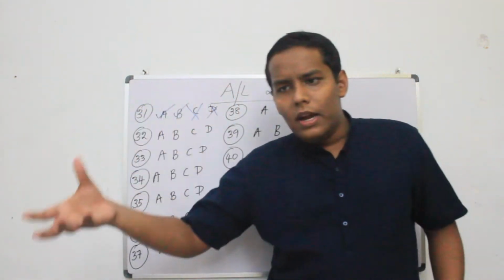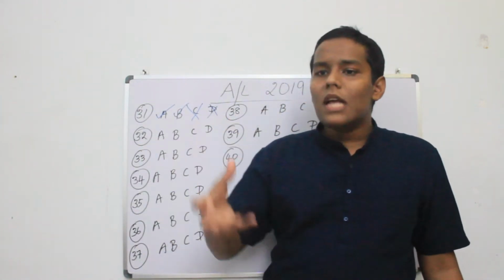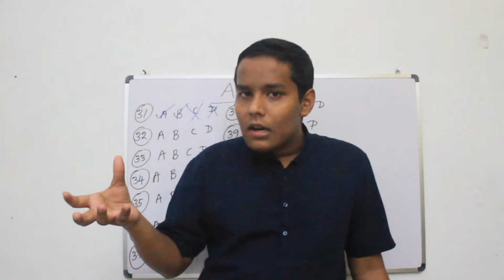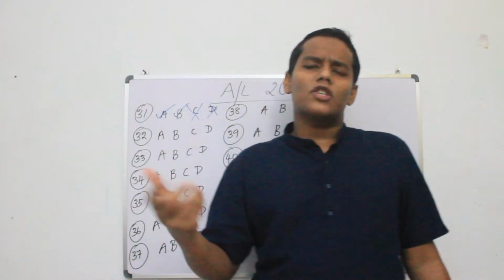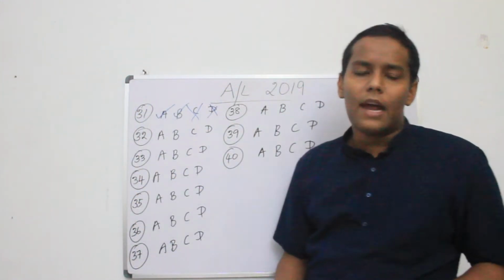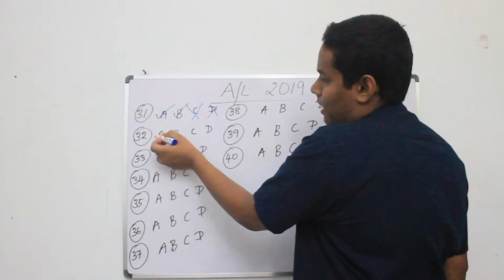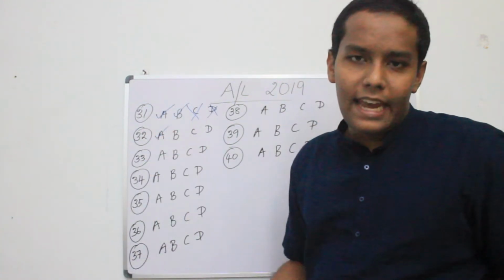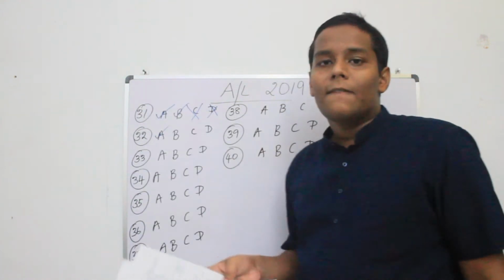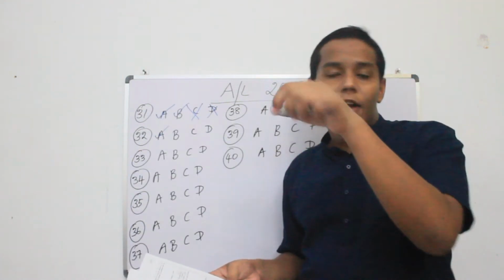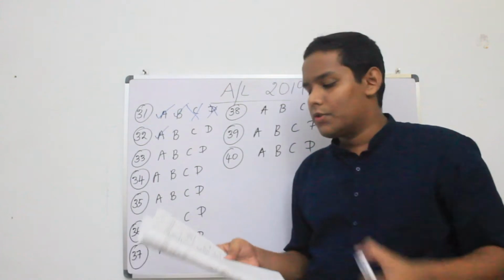Why? We have only carbon and hydrogen, so the products should contain only carbon or hydrogen. So A is correct. No matter if it's an alkene, alkyne or alkane, everyone will form carbon dioxide and water when subjected to combustion.